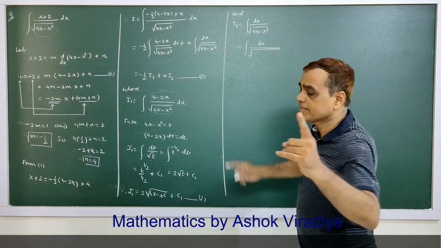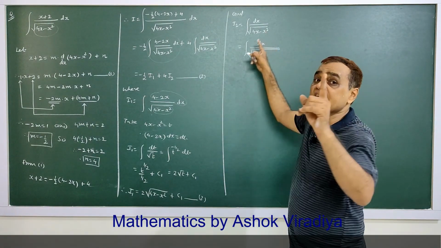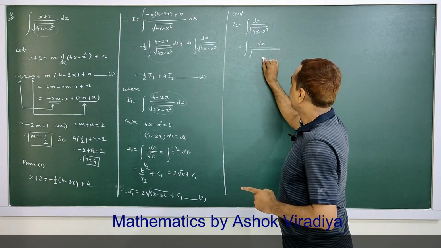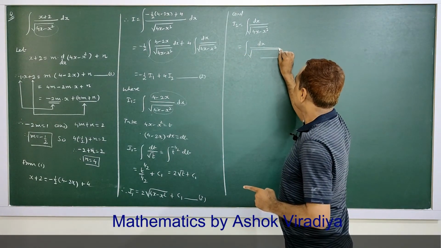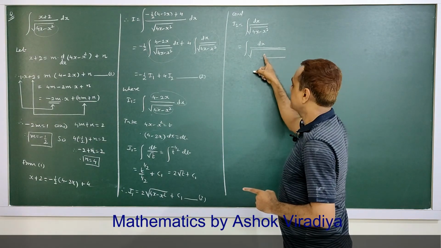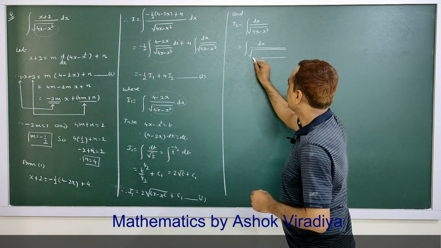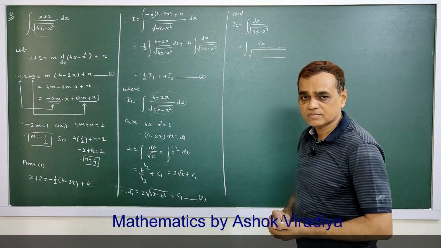In this quadratic, the x square term is negative, and when x square is negative, we put the perfect square polynomial in second place, and adjust the remaining number in first place.